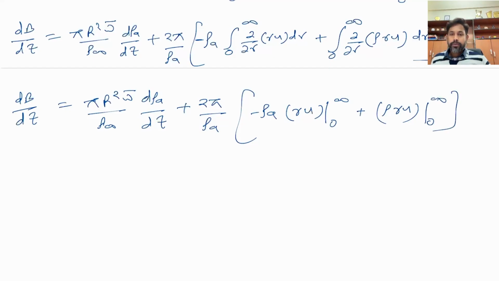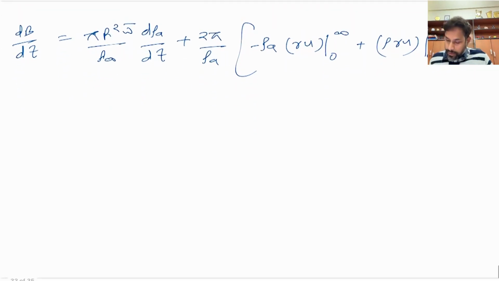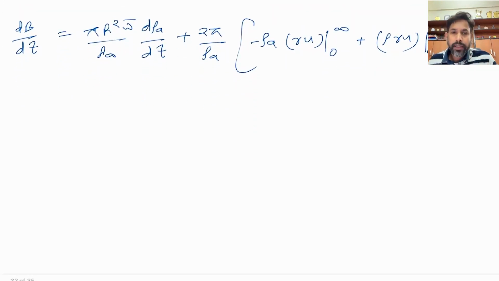Okay, so now either we can simply assume that r becomes u becomes 0 at infinity, and r is already 0 at the limit 0, or we can replace infinity with r, because we are assuming that plume exists from 0 to r, right?